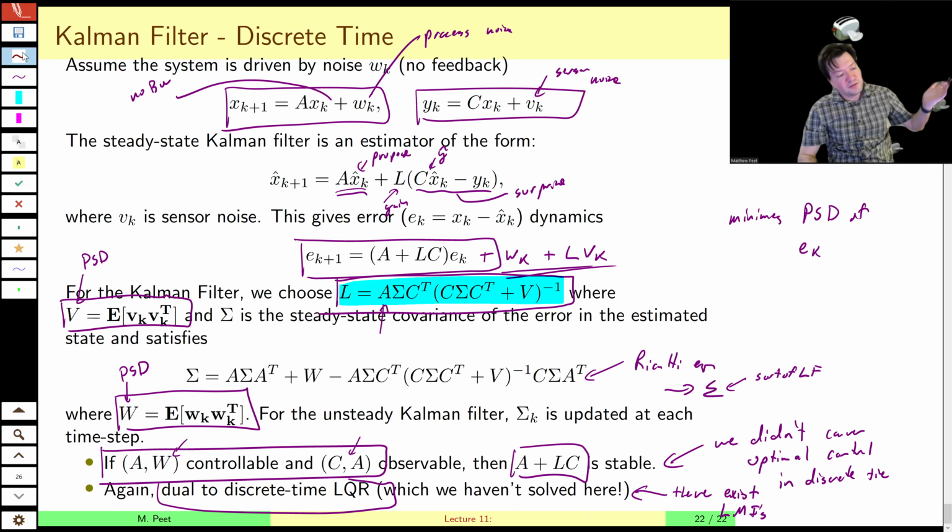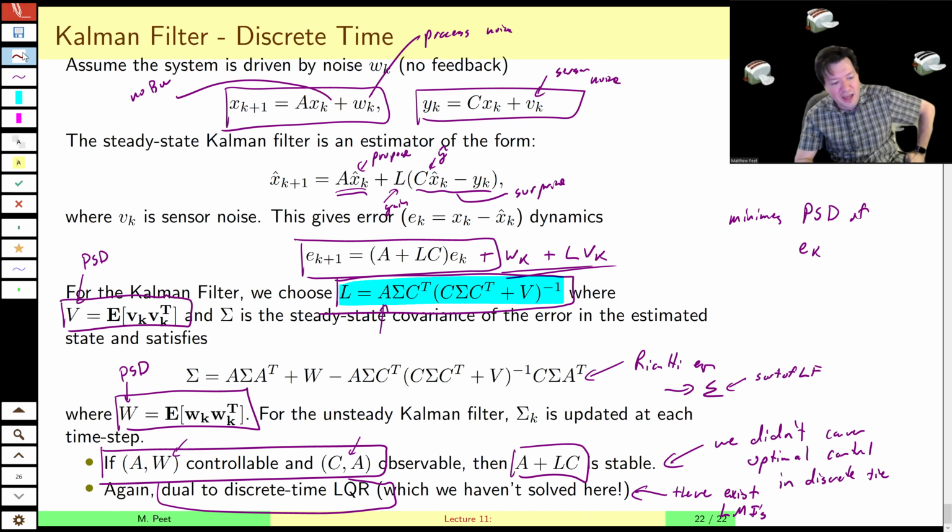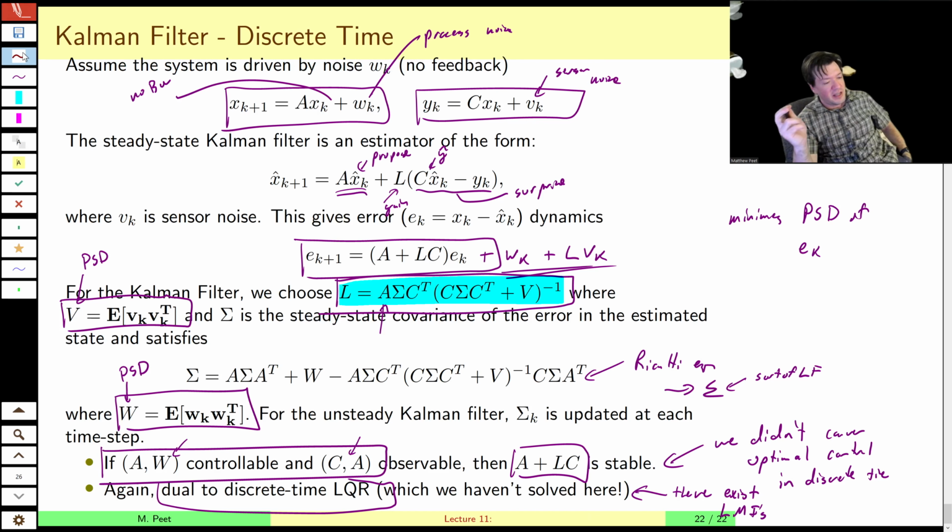So again, this just adds interpretation to the H2-optimal control problem. The H2-optimal control problem is to minimize the effect of noise on the system. It could be sensor noise or process noise. It has a connection to LQR; this also solves the LQR problem.